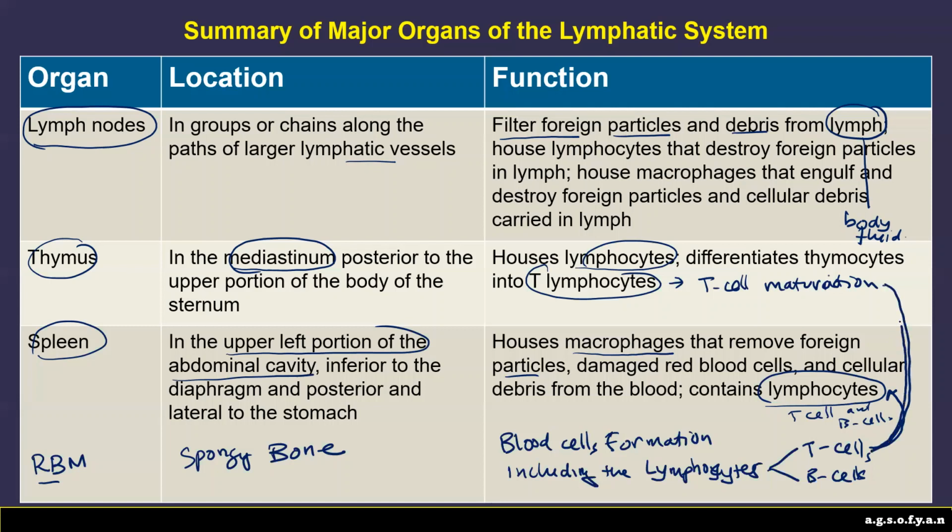So T cell will go here, mature in the thymus gland, while the B cell will stay in the red bone marrow. So red bone marrow also has a function as a place for B cell maturation. And B cell is really important later for our immune system.